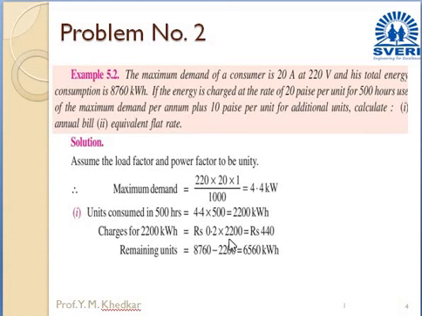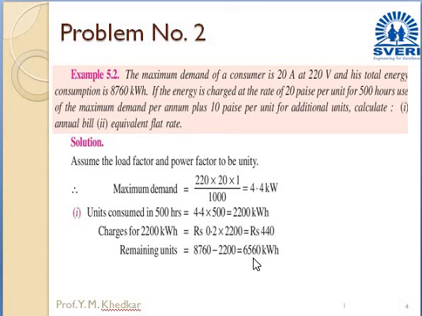Now in 500 hours the units consumed are 2200, so the remaining units will be total units minus 2200. Total units are 8760 minus 2200.